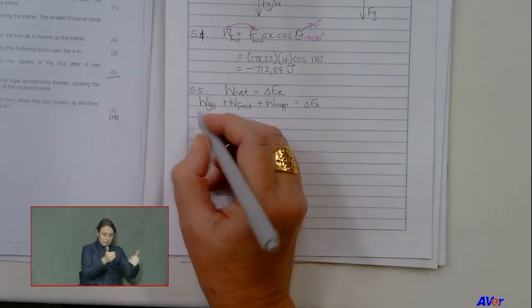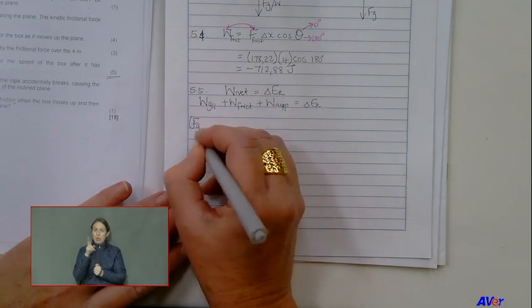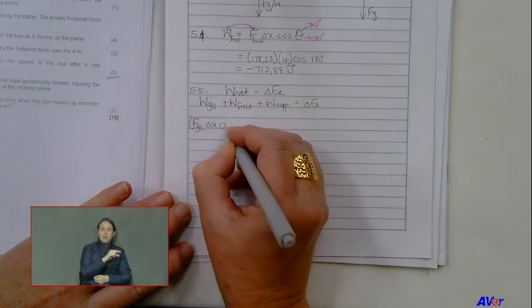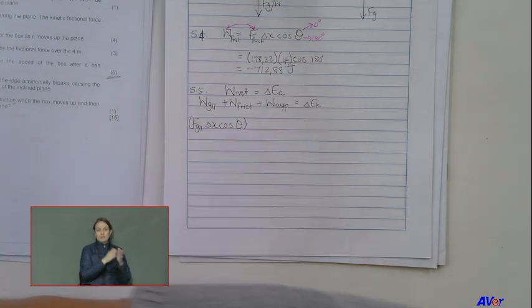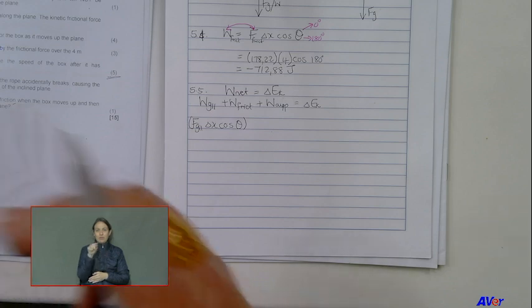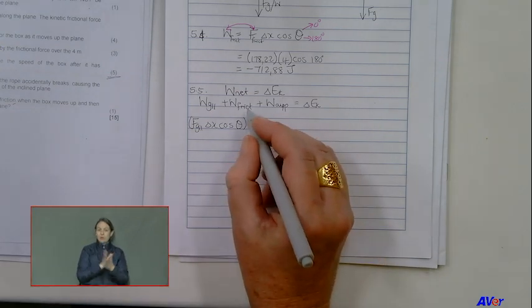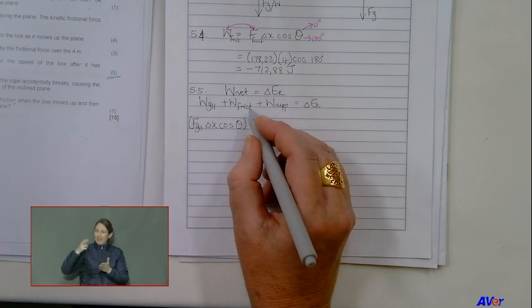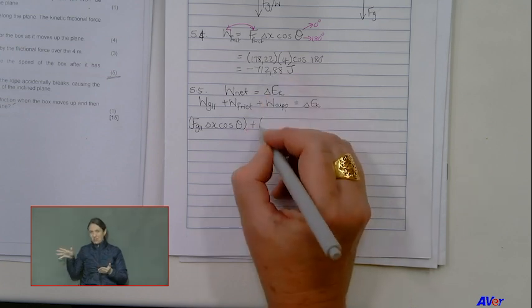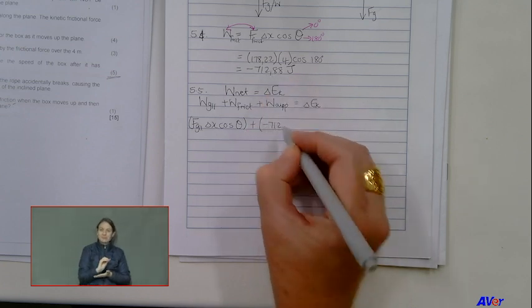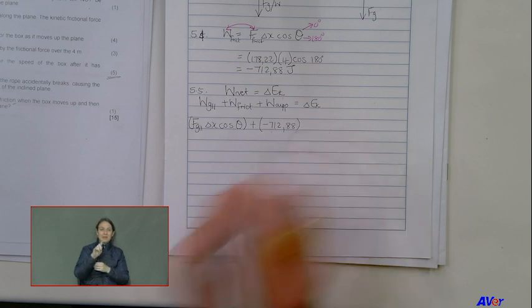So now I'm going further and say FG parallel delta X cos theta. So I'm writing for each of them their own expression. Okay, W friction. I'm not going to recalculate it because I already got 3 marks for that. I'm just going to put in that number, minus 712,88.